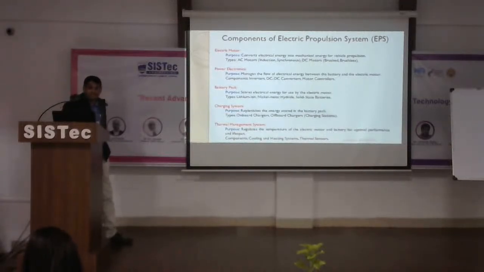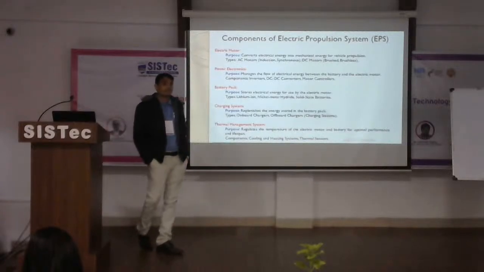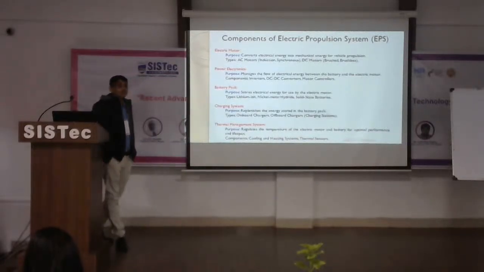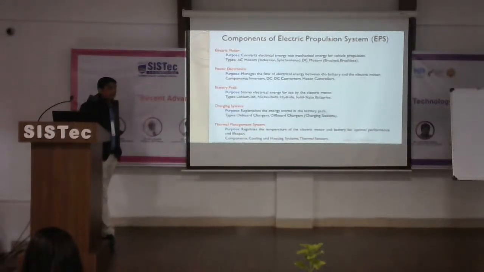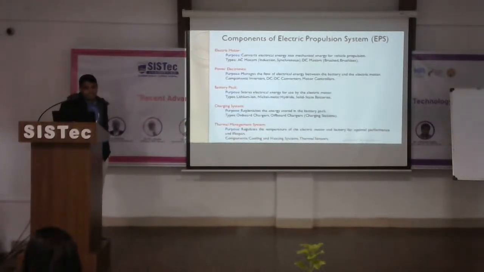So when using these motors, accordingly we will require a converter to convert the power as required by the motor. And the power converter, as you know, we have already discussed, its purpose is to manage the flow of electric energy between the battery and electric motor. So that is the mediator. Whatever energy is required for the motor will be provided.